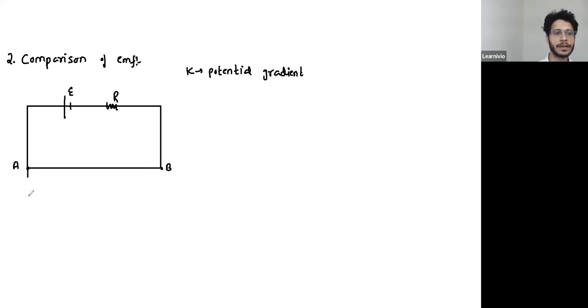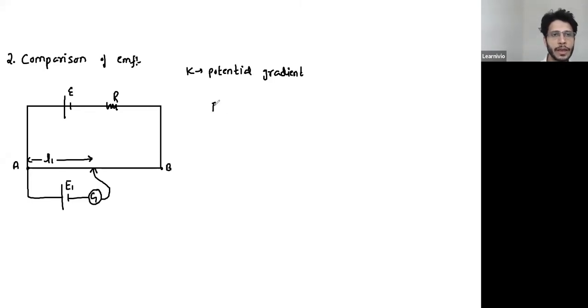So if I connect this potentiometer through a cell of EMF E1 to a galvanometer G, the balancing length is L1. So for the cell E1, balancing length is L1.